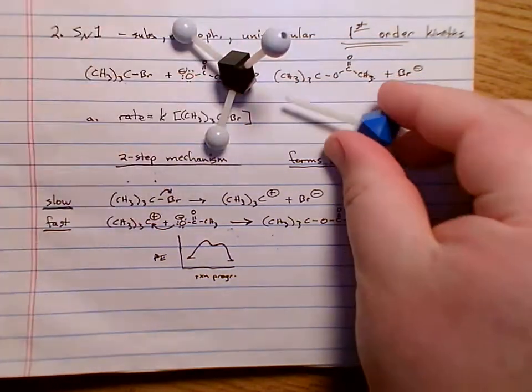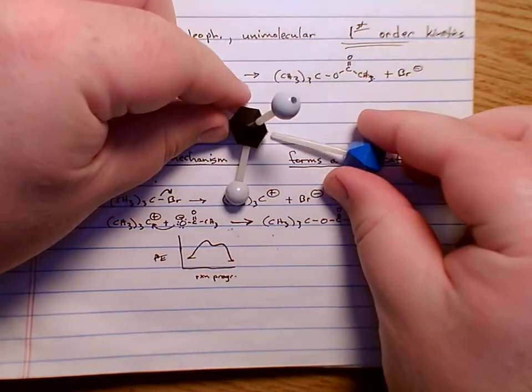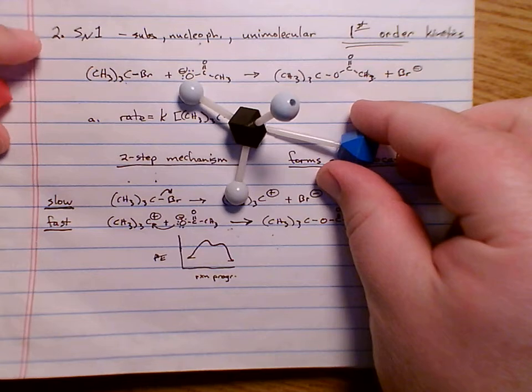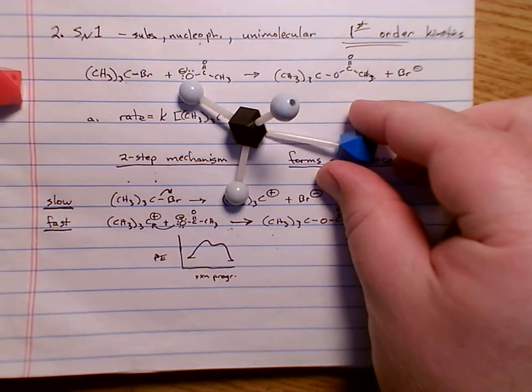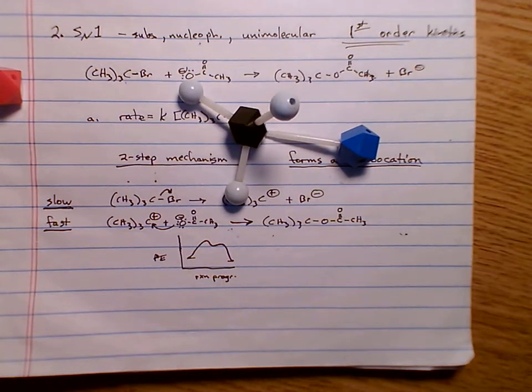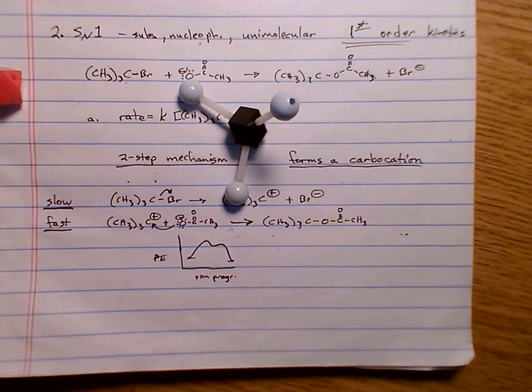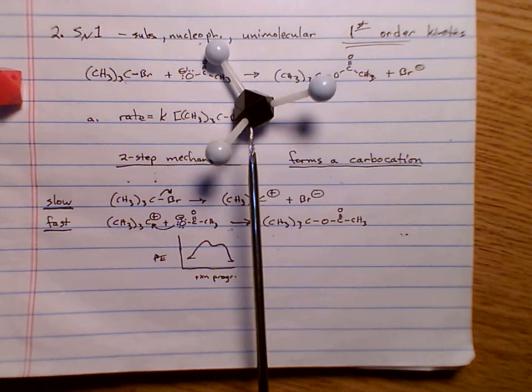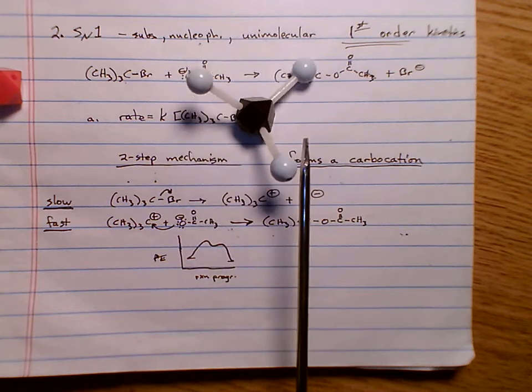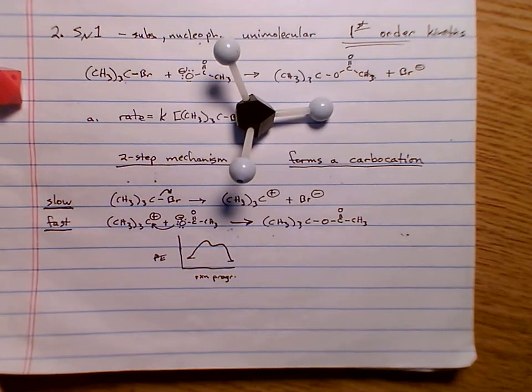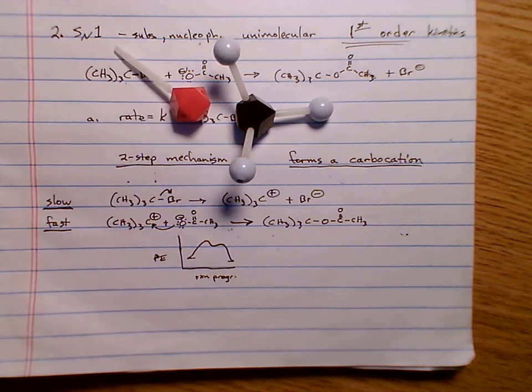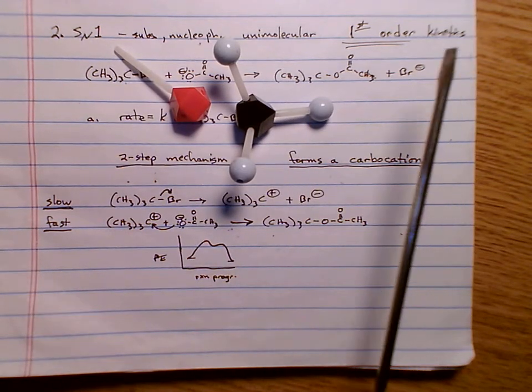This is a situation we were looking at before where we have our alkyl halide. We've got a nucleophile over here, but the first thing that happens is just this. The leaving group leaves. It just leaves, leaving this thing by itself. And then a little time later, the nucleophile comes in to attack that carbon.